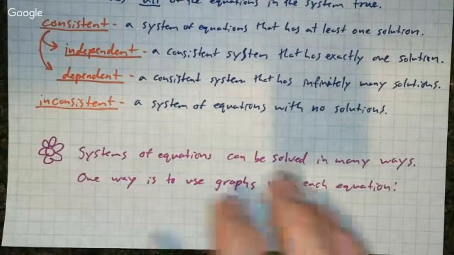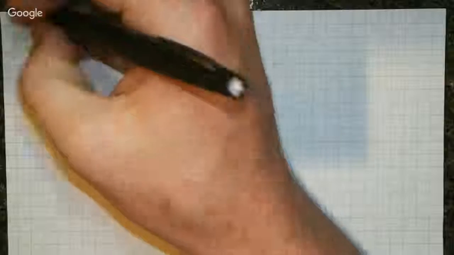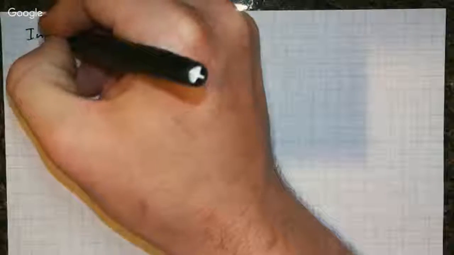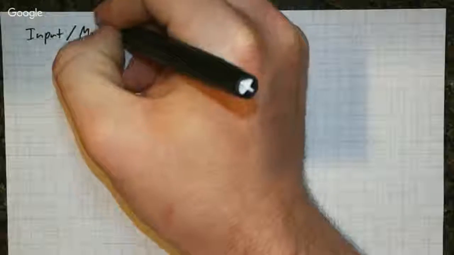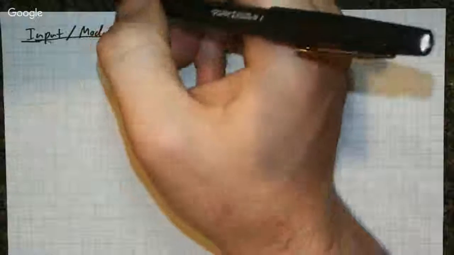Okay, I'm going to go ahead and grab a different piece of paper. And we're going to go ahead and start our input and modeling. So we're going to do a few examples. In these examples, you're going to see things you remember because we have graphed before, we have used equations before, but now we're putting these together.